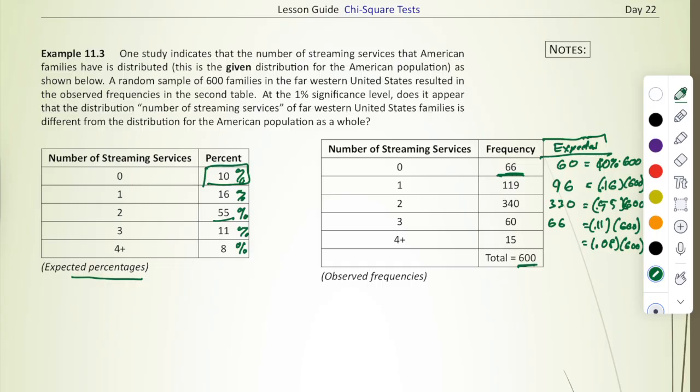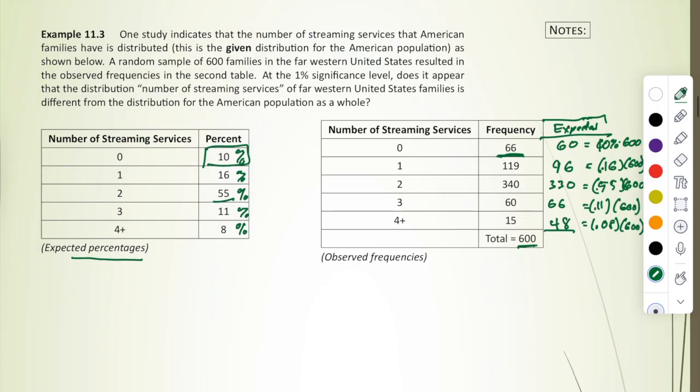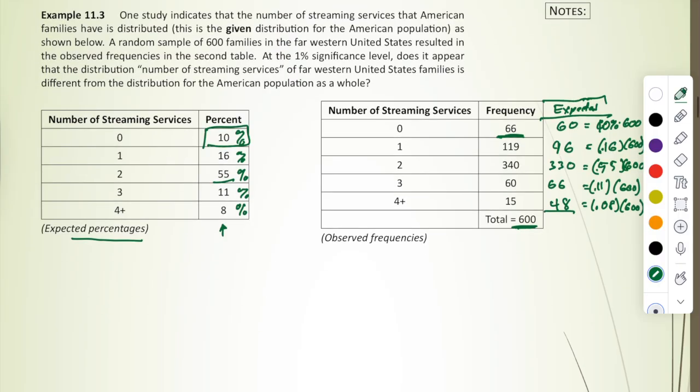And what's that going to be? 48. Okay, and you'll notice that if we add all of these up, we do indeed get our 600. So that's our expected frequency. So you see, we took the percentage that it should have been, multiplied each of those percentages by the total, and we got our expected frequency.